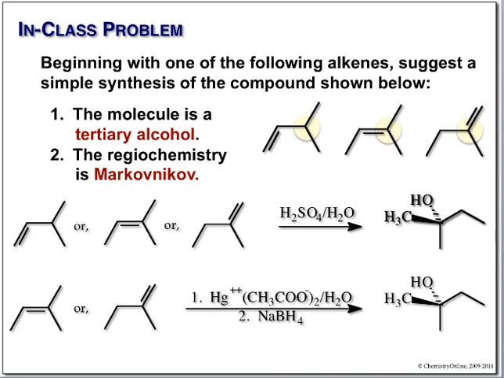Remember, we can also make Markovnikov alcohols with mercuric acetate followed by sodium borohydride. In that case, we don't get rearrangement, so only these two would work. Again, on the exam, you could have done any of these things and get full credit. Let's do another one.